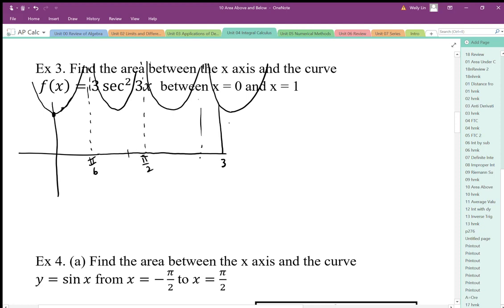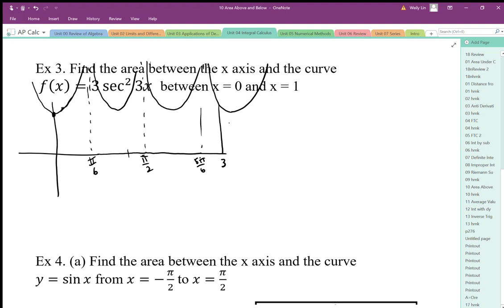So pi over 2, and then this asymptote here is going to be at, we're going to add another 1/3 here, so that's going to be the 5 pi over 6. And it looks like that's going to be that point there. So there's our graph.